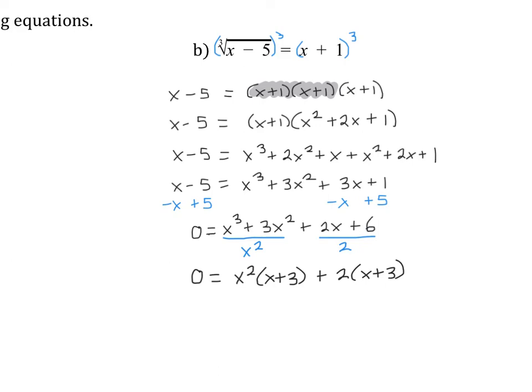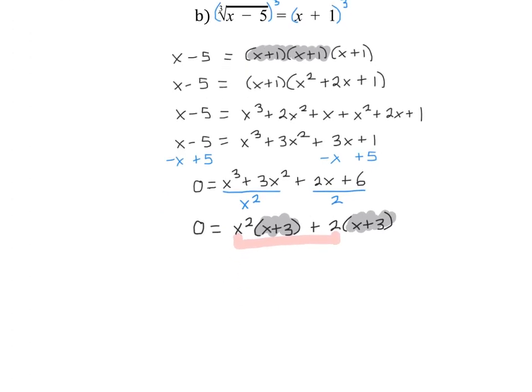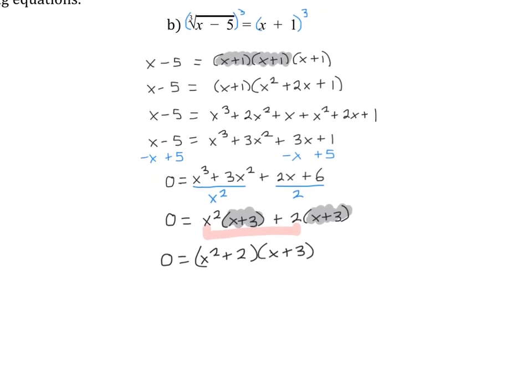So since we see a common factor here, we can group these into their own factor. So we get 0 equals x squared plus 2 times x plus 3. So from here, when we do our 0 product property, let's see what we get.